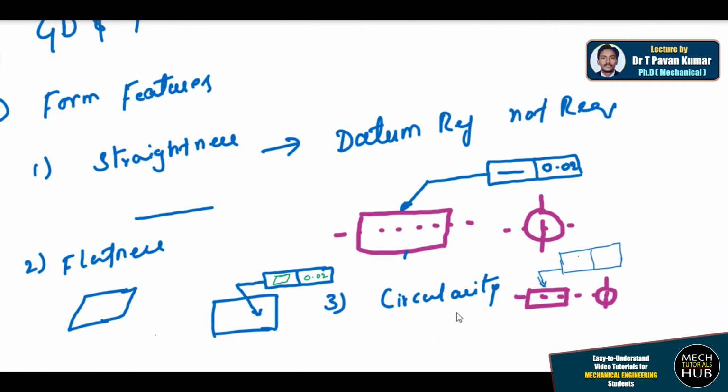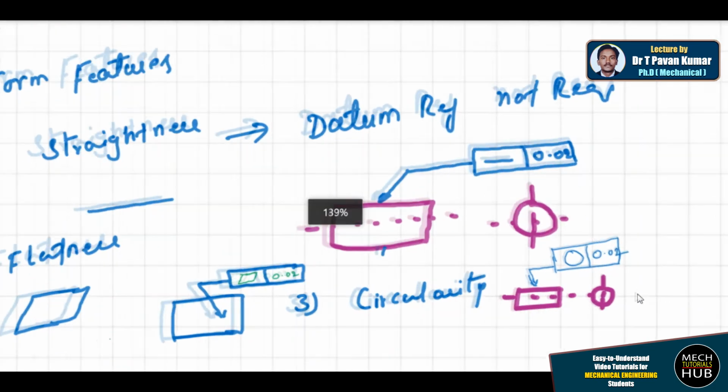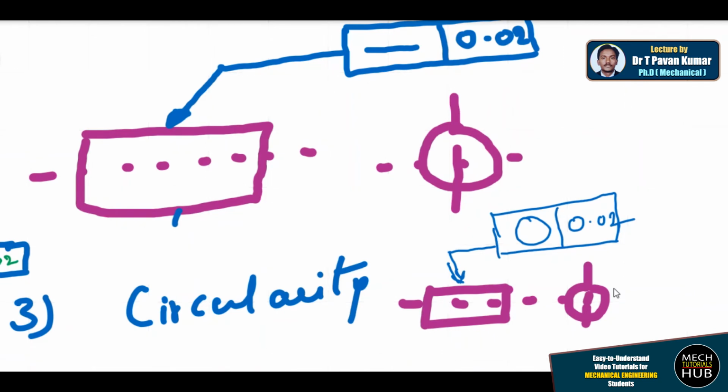The circularity symbol is nothing but a simple circle, followed by the tolerance value, whatever is given. I am showing it as 0.02. It means that throughout the circumference, up to 0.02 tolerance value is allowed.